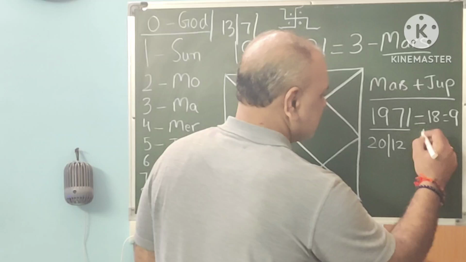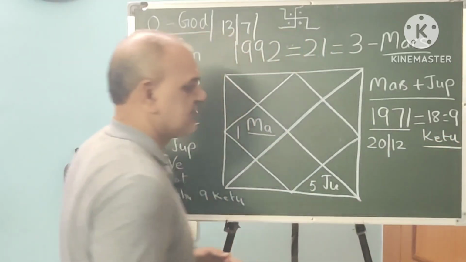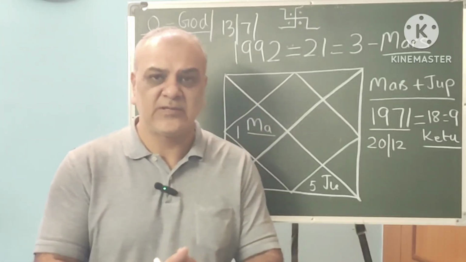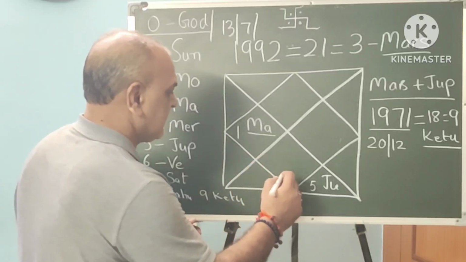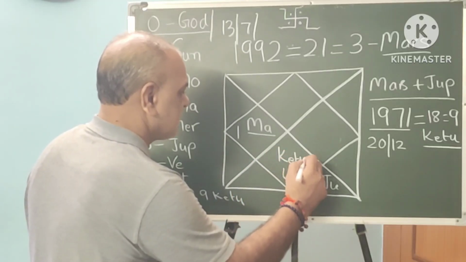So our second step is to write down Ketu here, construct a birth chart and hunt for Ketu in that birth chart. For example, let's say Ketu is in Cancer.